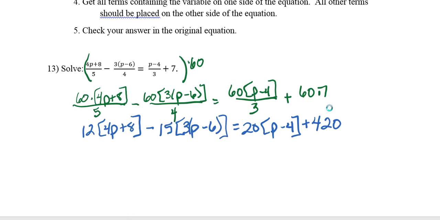So now I'm going to go ahead and use the distributive property. I'm not going to do all of the distributive property in this one because I have multiple distributive properties here.